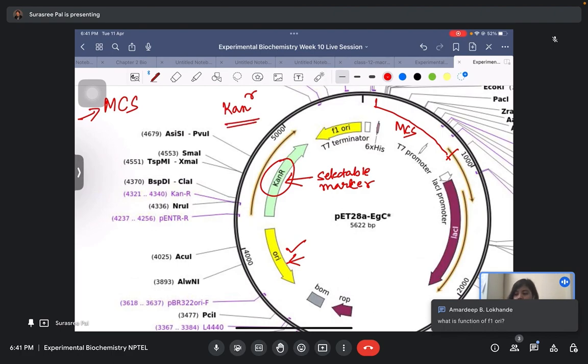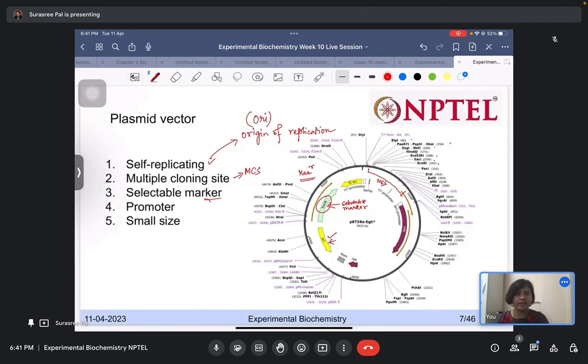So KAN-R is basically the kanamycin resistance sequence. Why is this resistance important? When we grow these plasmid vectors inside a bacterial strain, the plasmid will not be present uniformly in all bacterial cells.